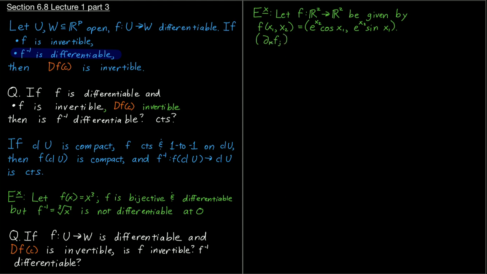That comes out to this matrix: minus e to the x2 sine x1, then e to the x2 cosine x1, then e to the x2 cosine x1, e to the x2 sine x1.